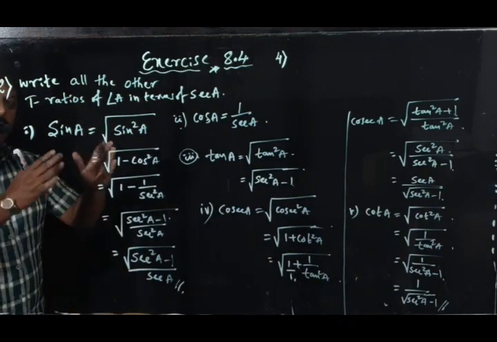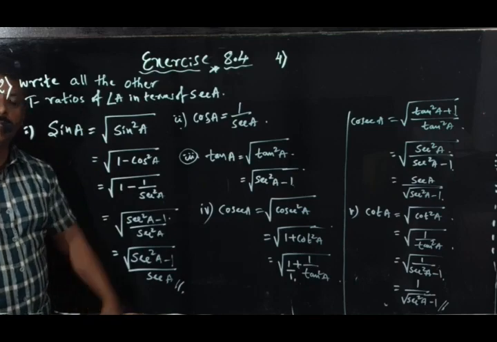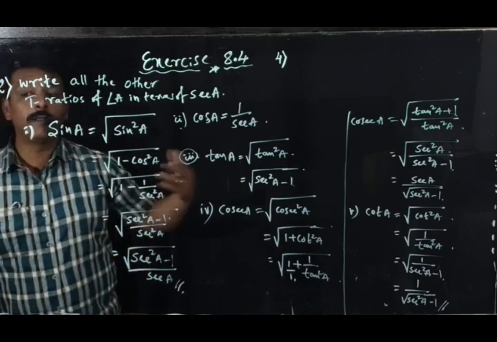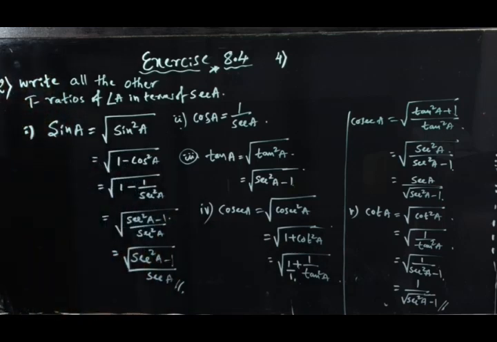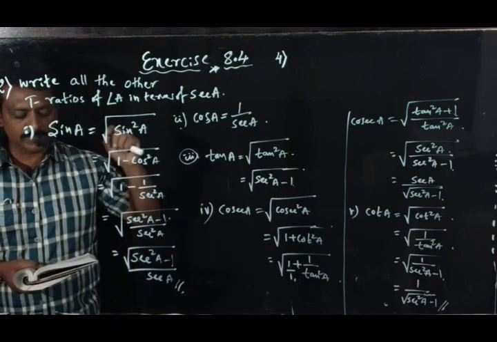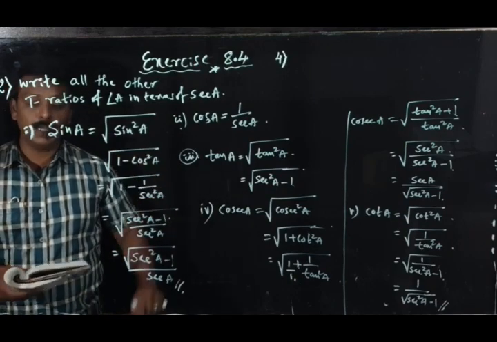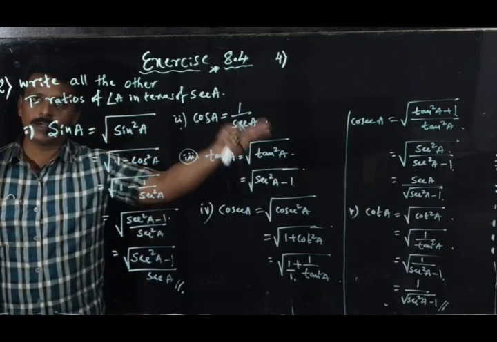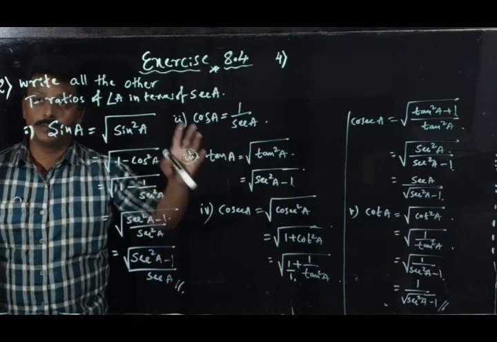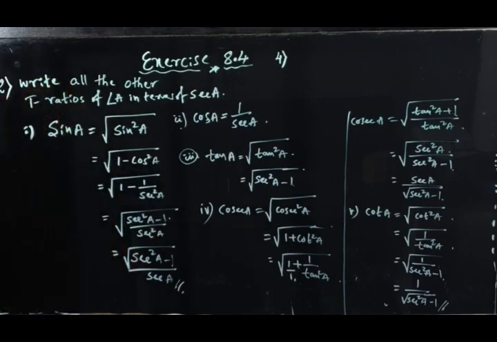This is converting any particular trigonometric ratio in terms of other trigonometric ratios. As I said, the first one you only have to try. There they are asking you to convert only sin A, sec A and tan A in terms of cot. Only 3 you are converting in terms of cot. Here I converted all 5 in terms of sec. So the second one is your part of duty.